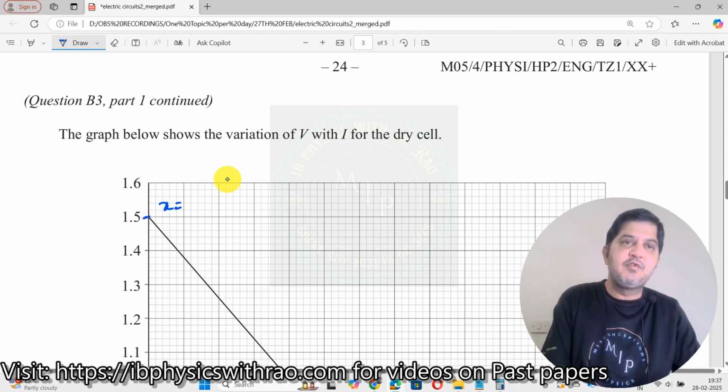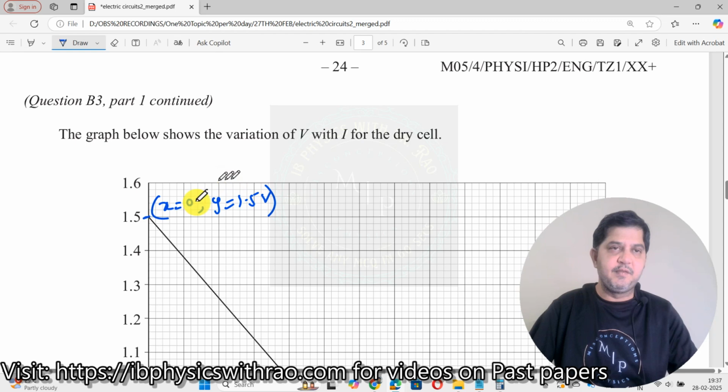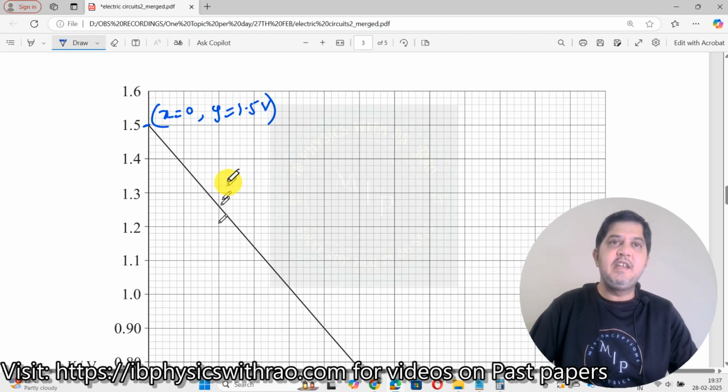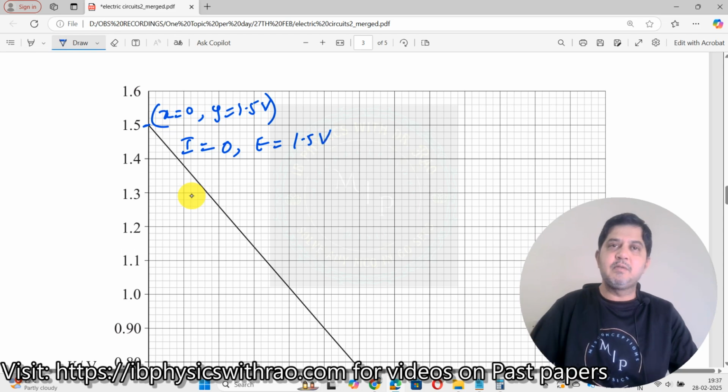X is equal to 0 and y is equal to 1.5. So 1.5 volt. x equal to 0 is current, and y is voltage. Voltage is equal to 1.5 volt. So the e.m.f. here is nothing but 1.5 volt. I'll write it down if you want. I equal to 0, e.m.f. is equal to 1.5 volt.